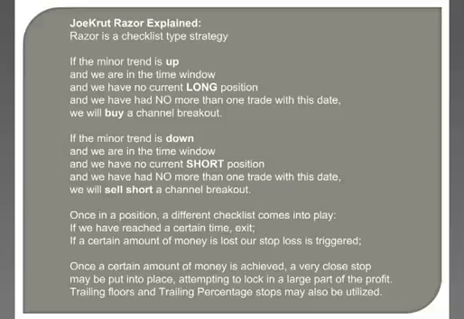If the minor trend is up, and I'm talking about real minor, like a number of minutes on a 1-minute chart, and we are in a time window, and I'll talk about that more later, and we currently have no long position, and we have not had more than one trade from the long side with this date on it, then if all that lines up, we'll buy a channel breakout of a certain number. If the minor trend is down and we're in the time window and we have no current short position, and no more than one trade with this date on it, we'll sell short on a channel breakout.